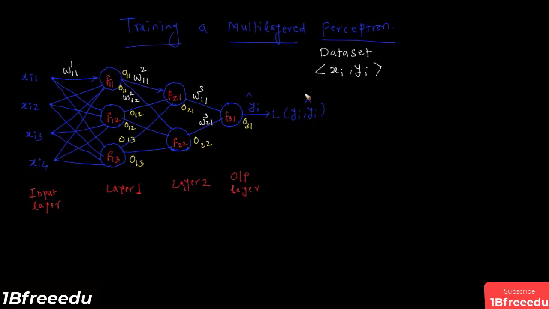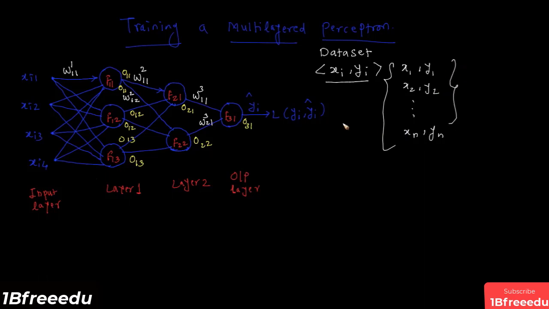We have a data set in the form of xi's and yi. That means we will have x1 comma y1, where x1 is the input and y1 is the output or class label for this input. x2 comma y2, where x2 is the input and y2 is the class label of this input. Likewise we will have a data set up to xn comma yn, right.